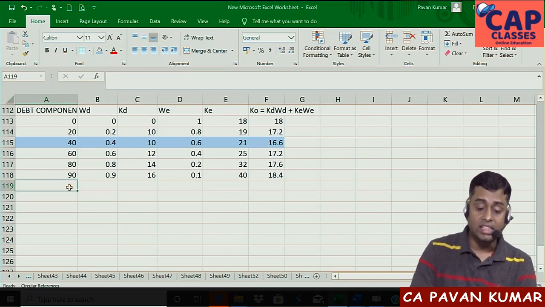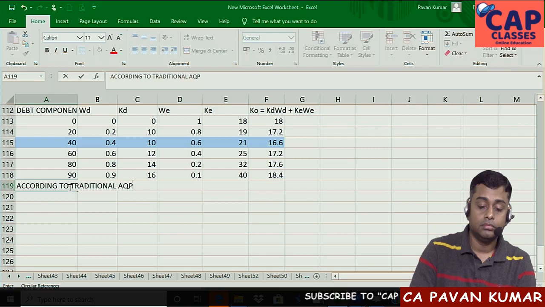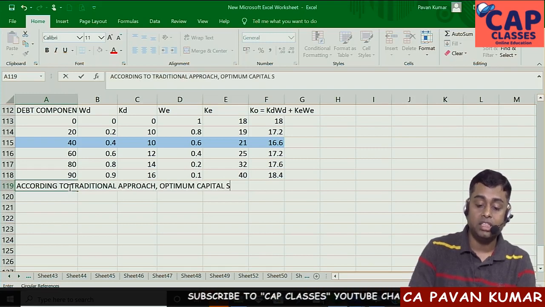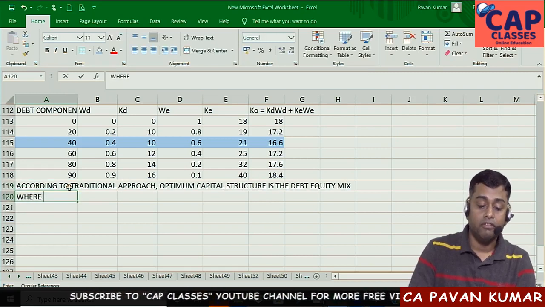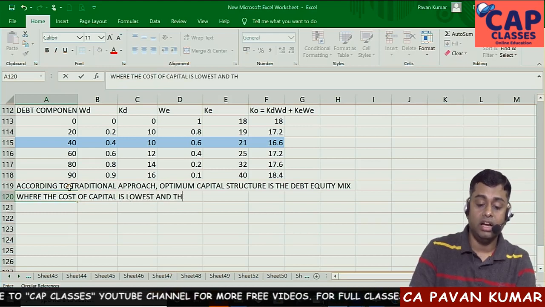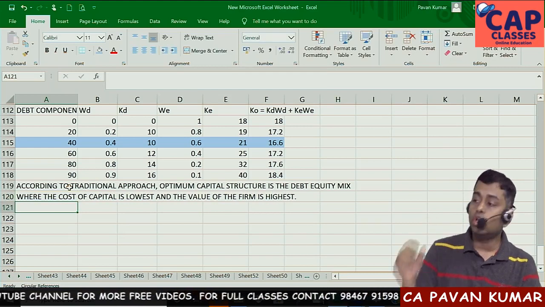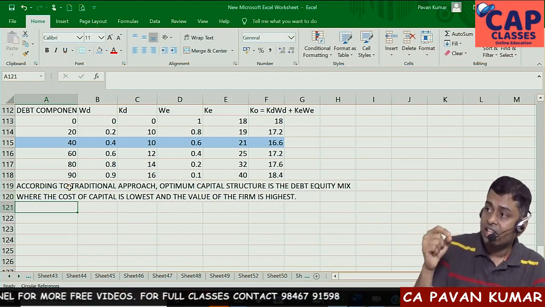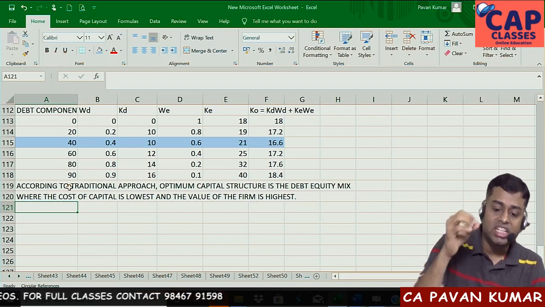Look here, according to traditional approach, the optimum capital structure is the debt equity mix where the cost of capital is lowest and the value of the firm is highest. So look at the board. Can I say that 40 debt and 60 equity is giving me the lowest KO?